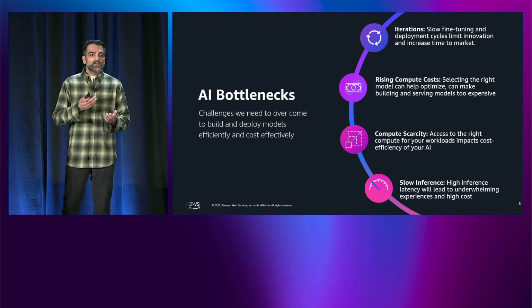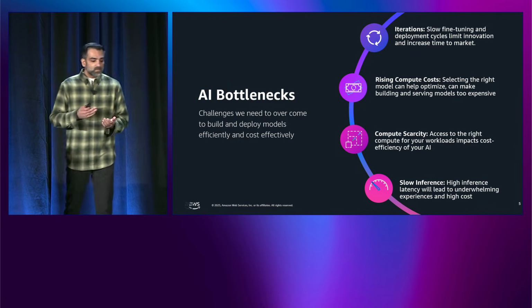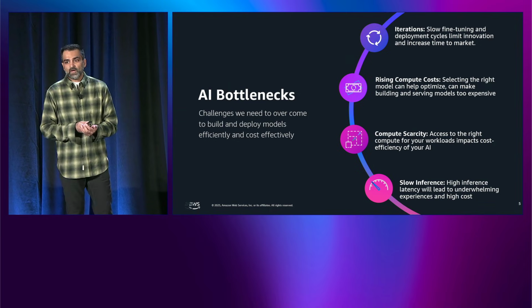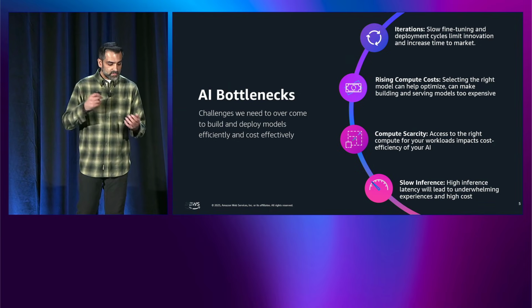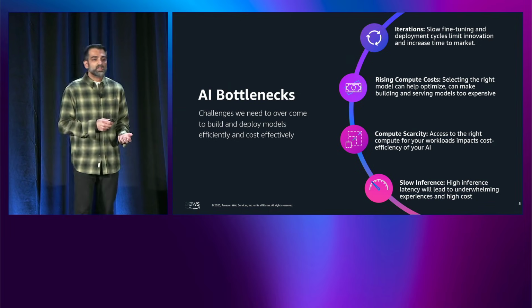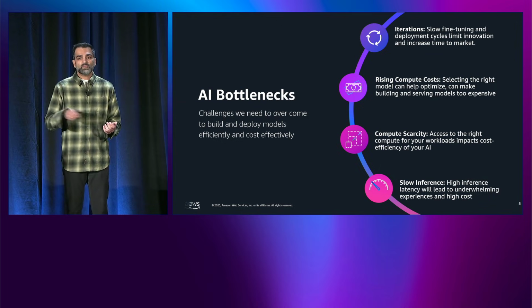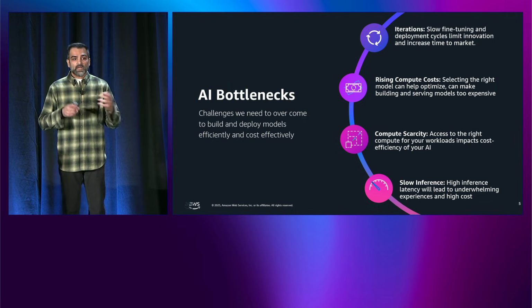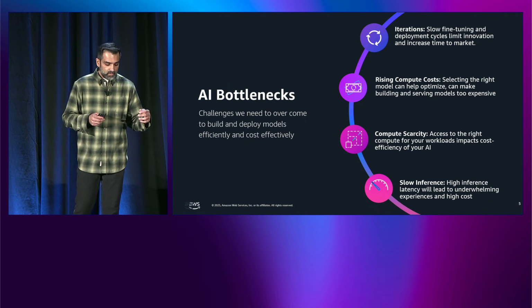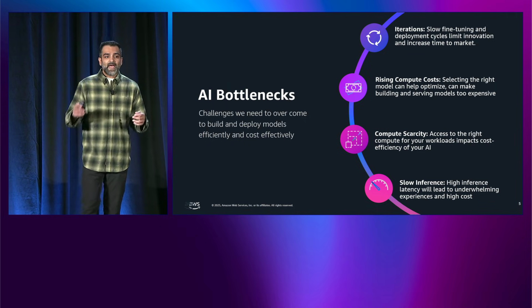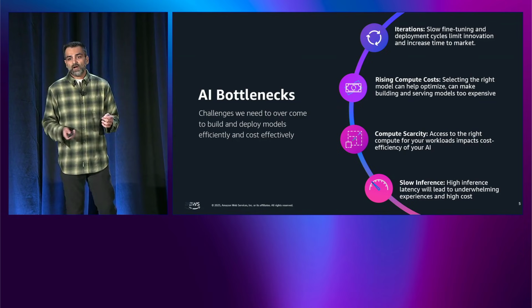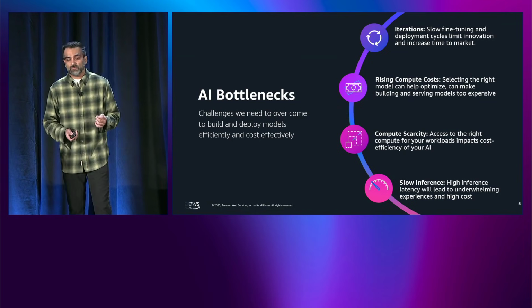We want to overcome slow iteration processes and slow fine-tuning processes, and accelerate that. We want to manage our rising compute costs, right? Because the more times we go around that circle, because we weren't optimizing at all of these different steps, it adds to our cost. And it adds to the cost of our application that we then need to recoup in the market.